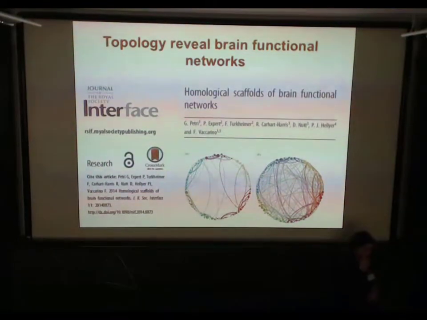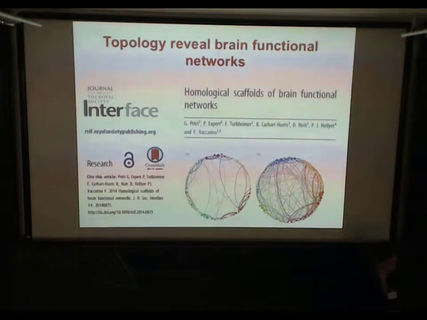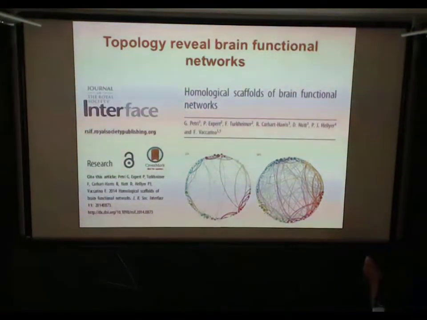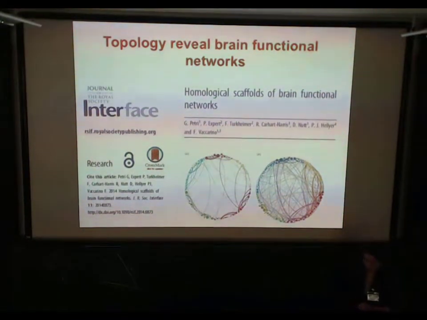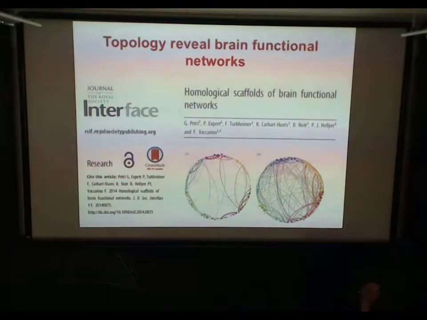Another group instead is working on weighted networks in the brain, and they introduce a filtration using the weight of the link.